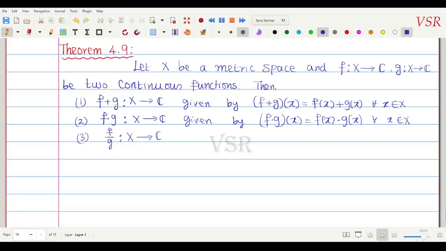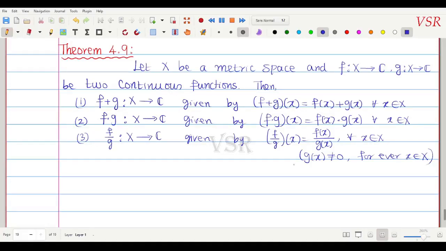Okay, given by F by G of X which is equal to F of X divided by G of X for all X belongs to capital X. And இதுல ஒரு additional assumption வந்து என்னன்னா, assume that G of X is not equal to 0 for every X belongs to capital X. இந்த ஒரு assumption additional ஆக இருக்கும். So these three functions are all continuous.